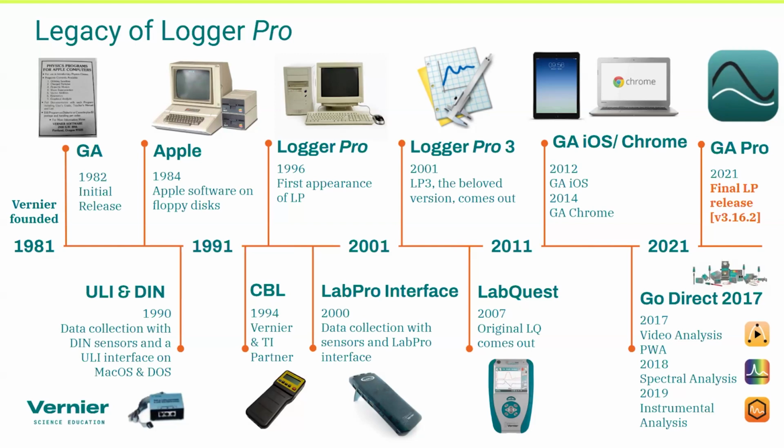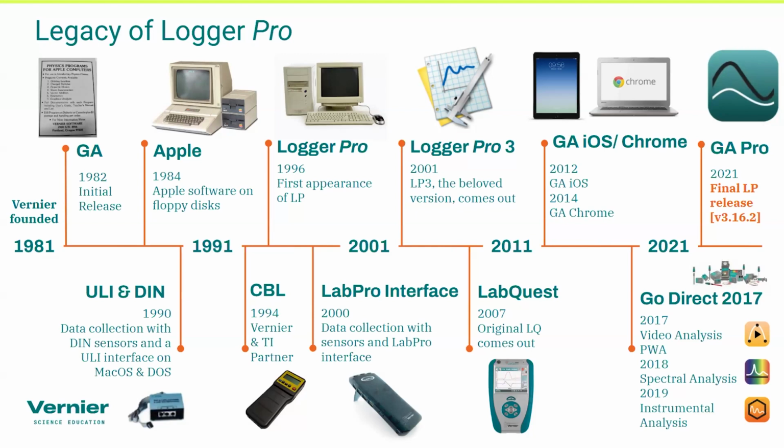And as we were developing that, we also did one for Android, and it was getting hard to maintain all of those. A decision was made to take all of those applications and run a single application called Graphical Analysis that could run on all platforms, including computers, the Chromebook, the iPad, and Android devices. And that's kind of in 2017.